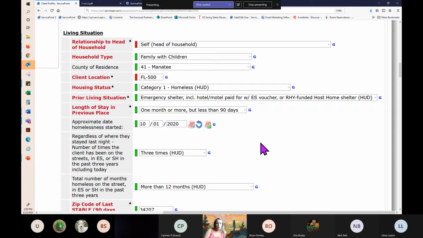Since being in the coordinated entry system and reviewing client information since 2017, there are quite a few clients, unfortunately, that have fallen through the cracks because of inconsistent data entry.